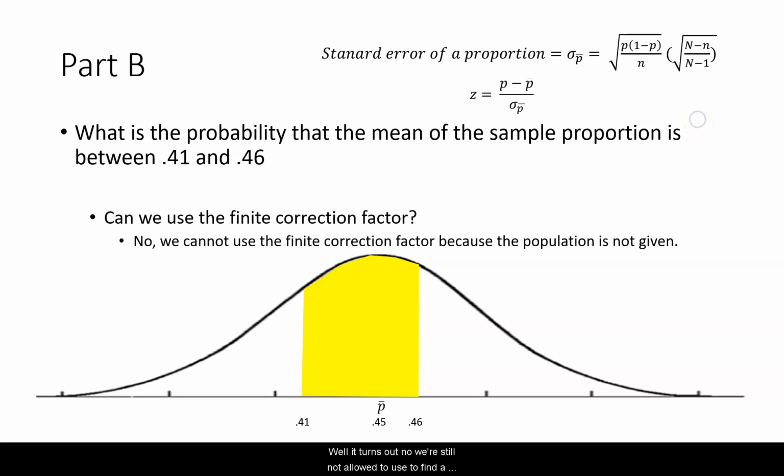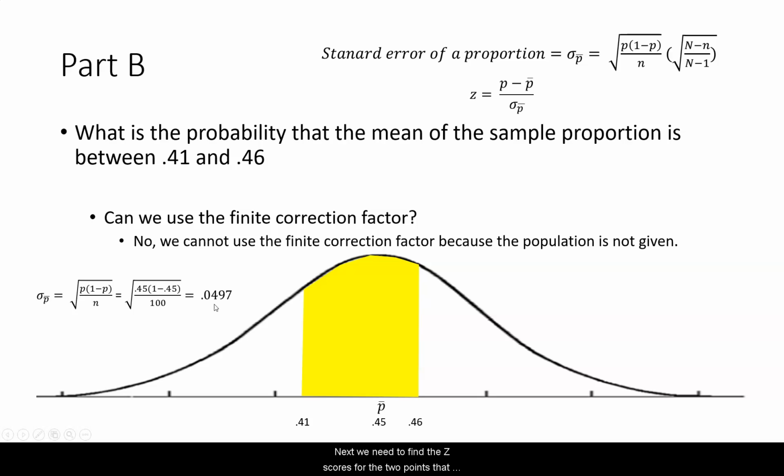It turns out, no, we're still not allowed to use it because just like part A, we are not given a population that our sample is taken from. So, just like part A, we calculate our standard error, plug in our terms, and get the same thing that we got in part A.